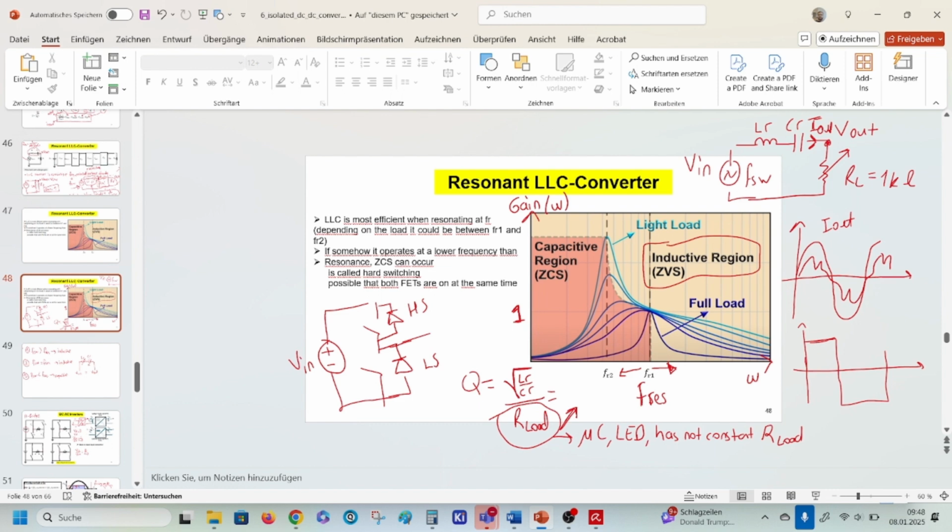In the inductive region, current lags. That would mean the current will come after my voltage, and will look like this. This is what I want.